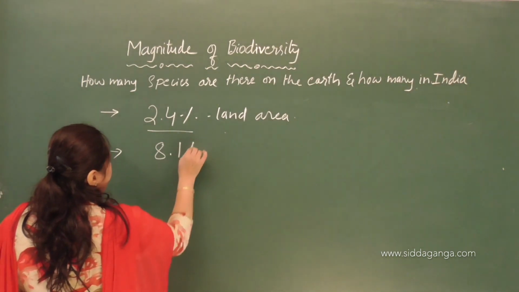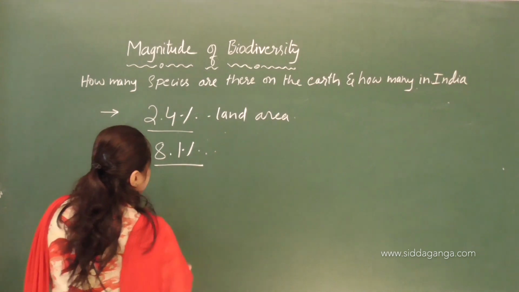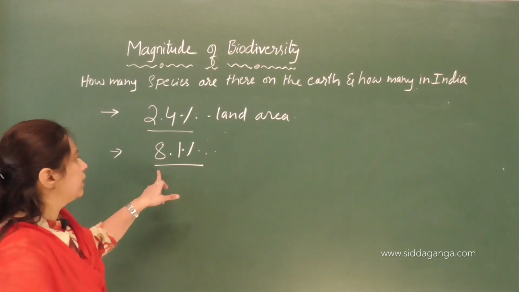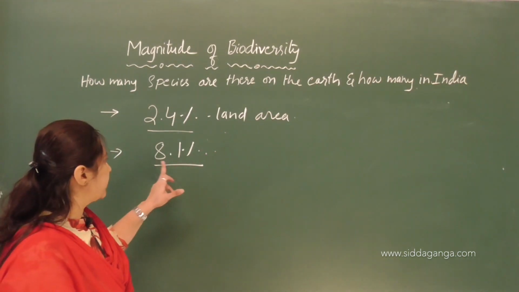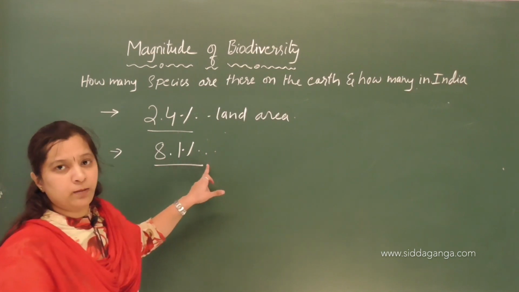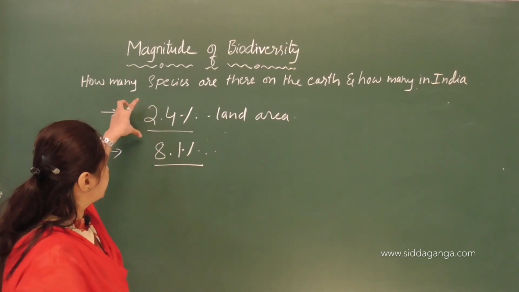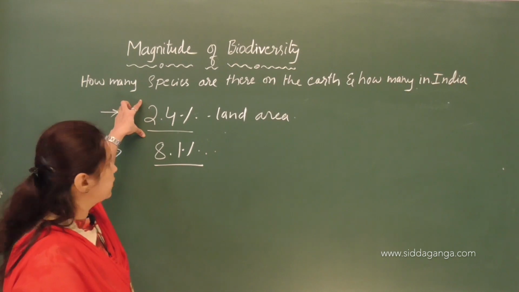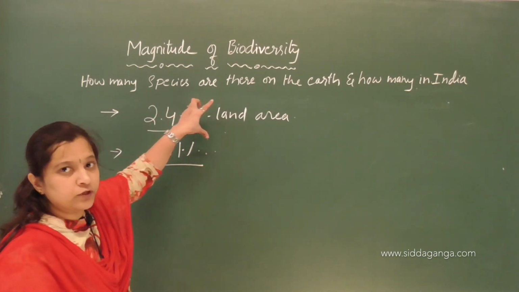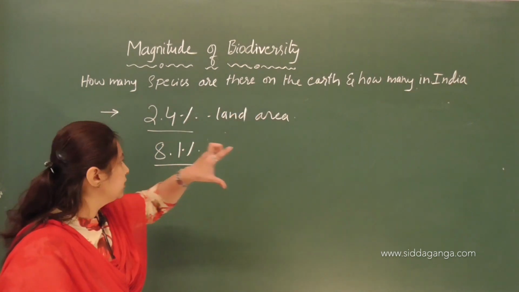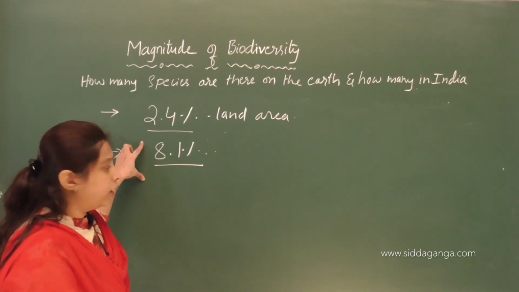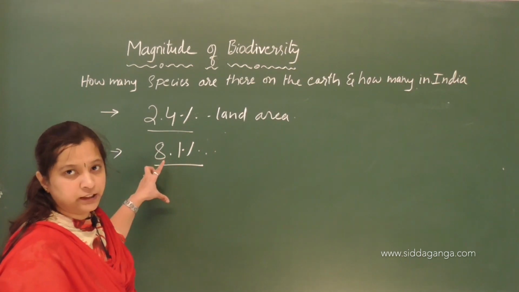The share of species in global diversity is 8.1%. So even though it covers only 2.4% of the total land area of the earth, it possesses a large number of species.